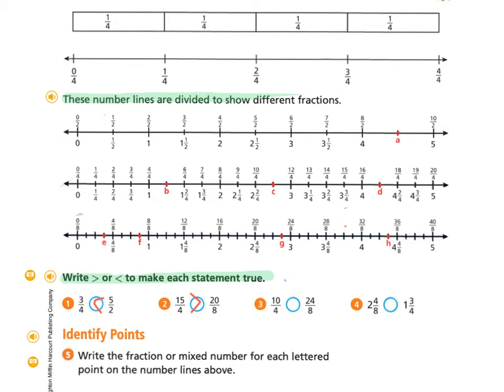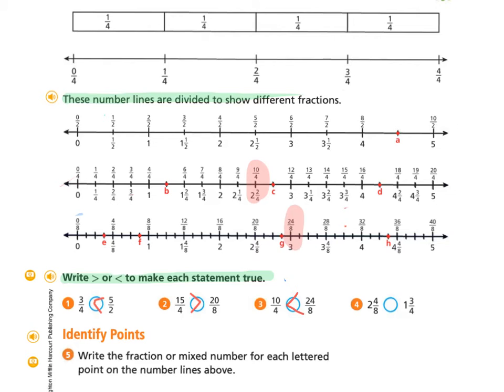Now that you've found the answer to 3 and 4, let's see how you did. 10/4 is located here, and 24/8 is here. It looks like 24/8 is bigger than 10/4, so I would complete my statement by saying 10/4 is less than 24/8.